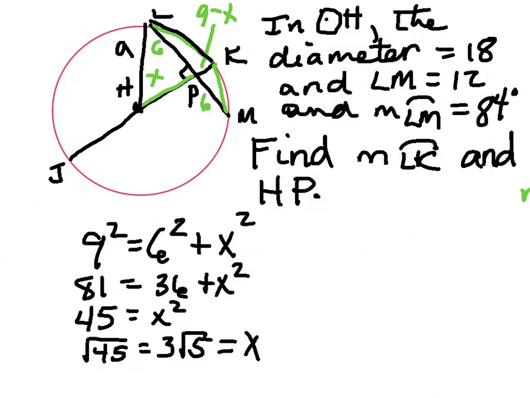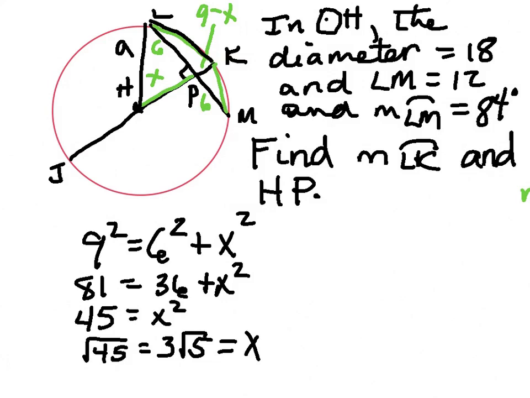Now that I know x, I can come in here and find this little black piece right there, which earlier I labeled as 9 minus x. Well, I know what x is, so if I take 9 minus that, that will give me, oh, actually, pardon me, folks, I have already found HP, because HP is equal to x.